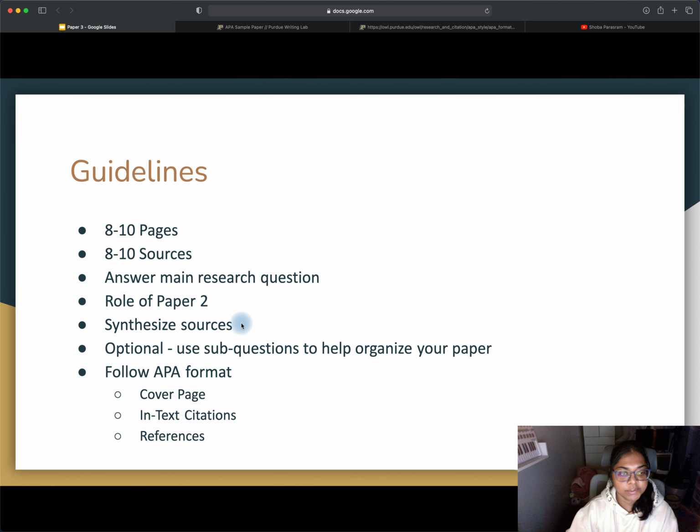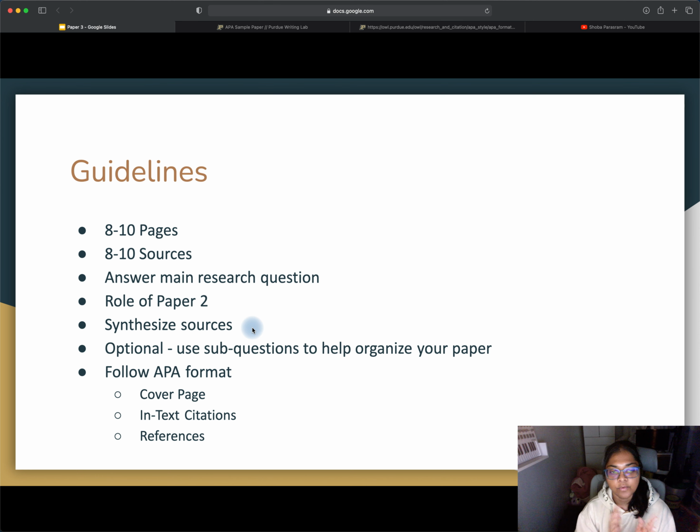Another thing that you want to do is to synthesize your sources in this paper, which means you're showing connections between your sources. You don't have to do this for every single paragraph. This is a very long paper, so it might be a little difficult. Sometimes you might not have multiple articles talking about the same exact topic, and that's okay.